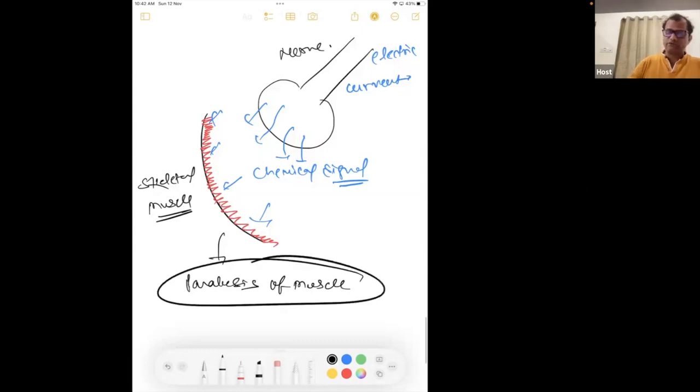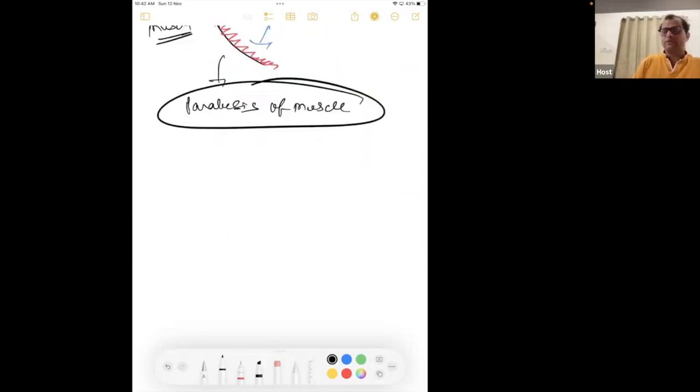There is a very famous poison, curare. Many tribes use this for hunting humans and animals, and they even put it in the water pond. So all the fish are paralyzed and come to the surface of the water, then they catch them. Right?